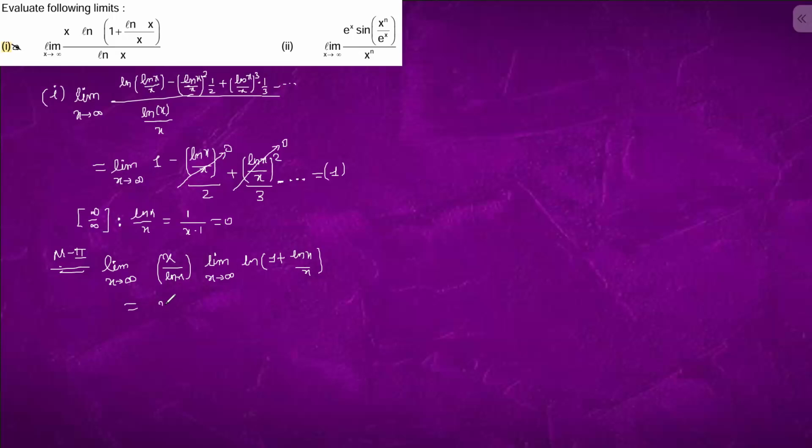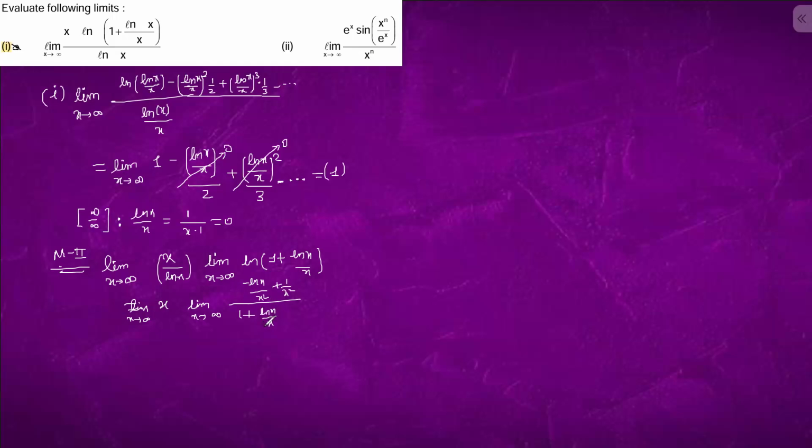We apply L'Hopital, it will come out to x. Then from here we get 1 plus ln x / x, and differentiation of ln x / x is minus ln x / x square plus 1 by x square.